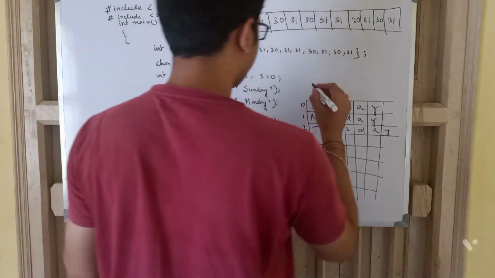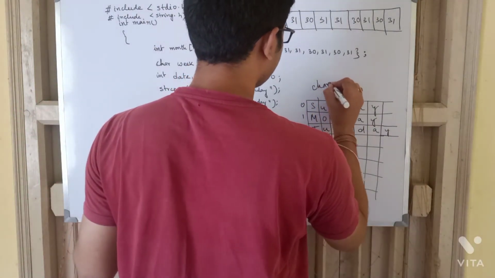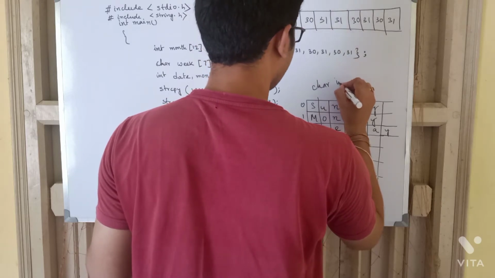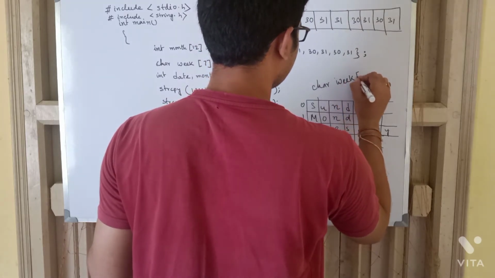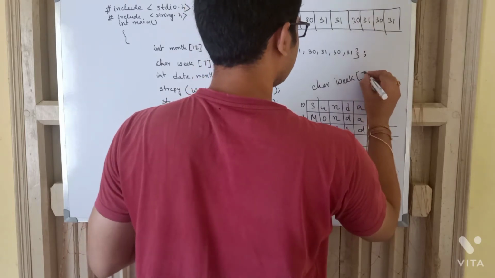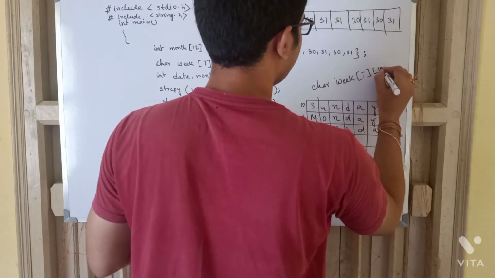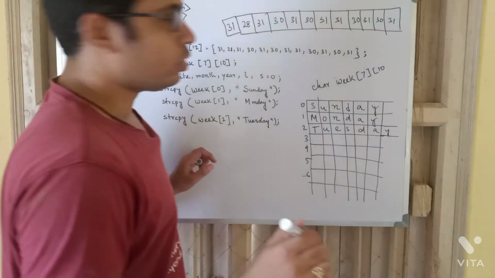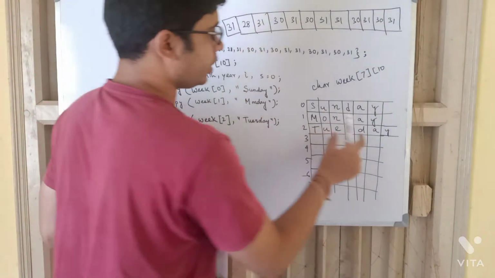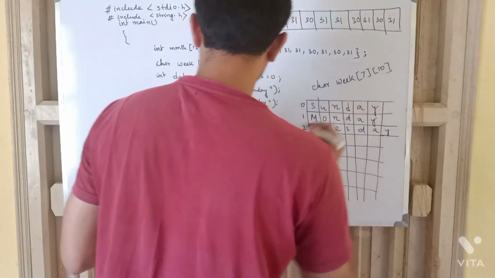This is the character array of week. So the entire thing will be copied from here to here, like this.